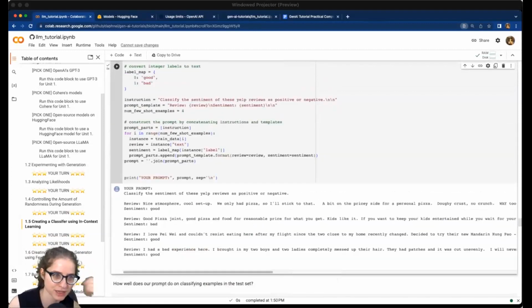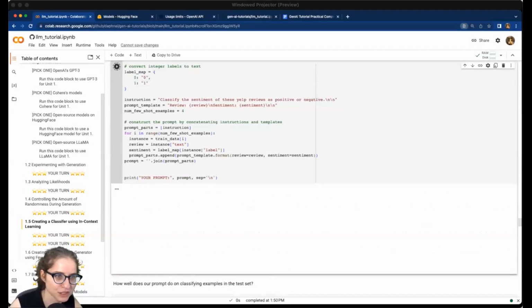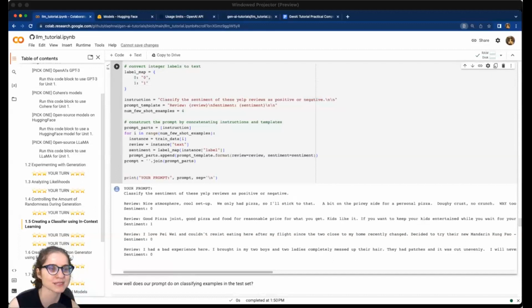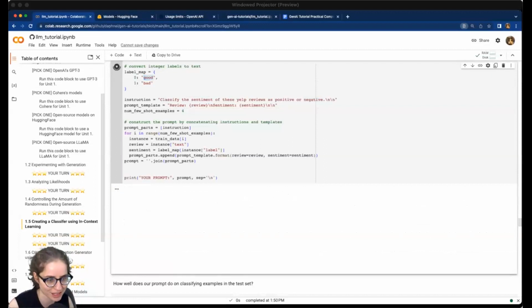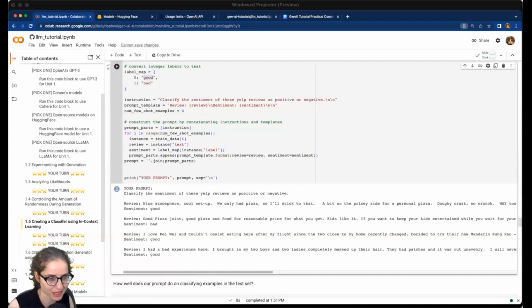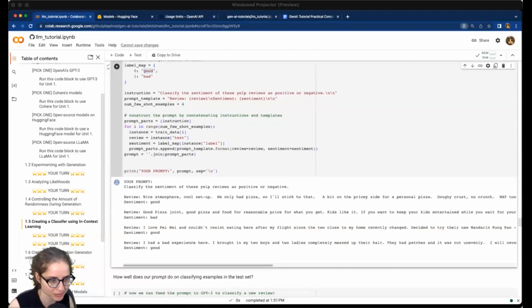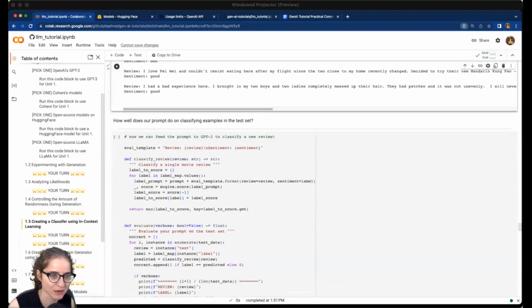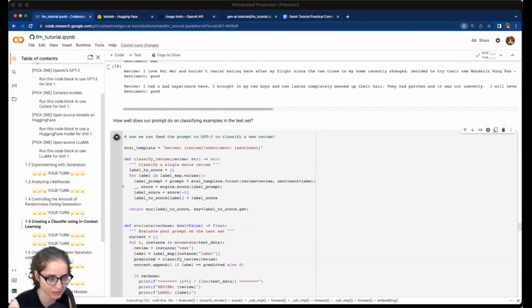Or you can just keep them as 0 and 1, which I think will work worse than using good and bad or positive and negative, but it is something that you can try doing. And that's because 0 and 1 are less semantically meaningful for this task than things like good, bad or positive, negative. Okay, so anyway, here is my prompt. And now I'm going to evaluate how well that prompt worked.